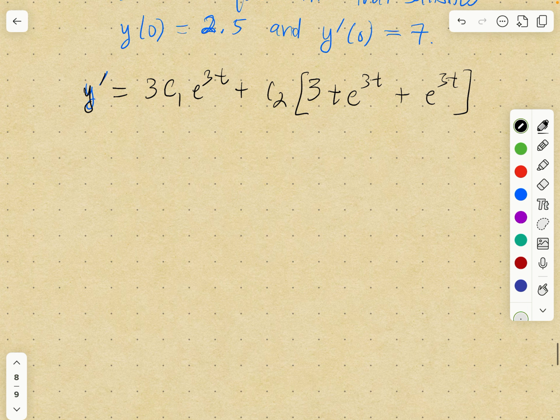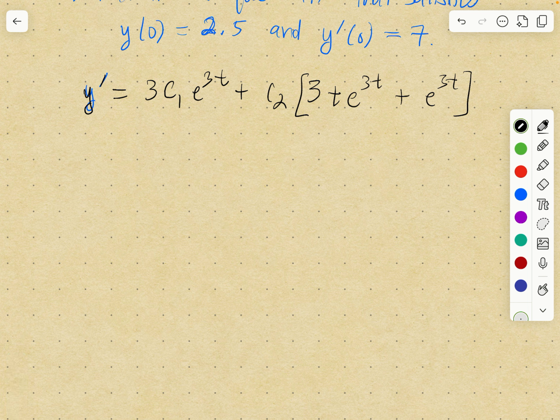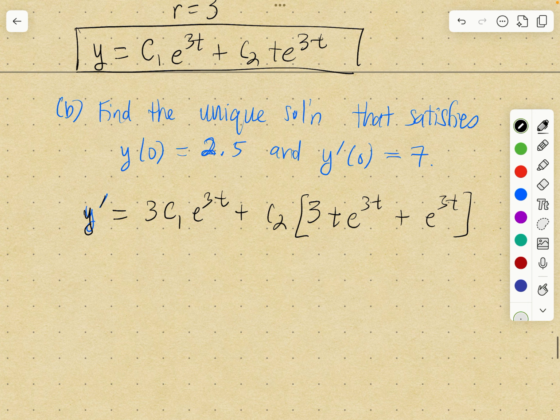So I get this. And if I wanted to, you could factor out an e to the 3t here. But since we don't have to, let's not. Because at this point, we're just going to plug in t equals 0, right? Because of our initial conditions.